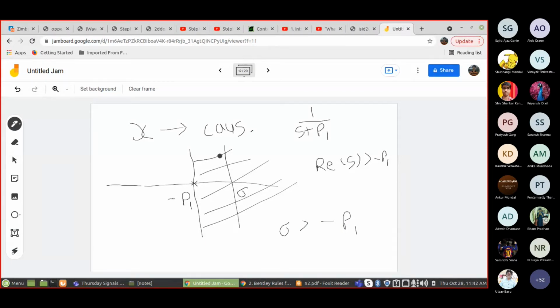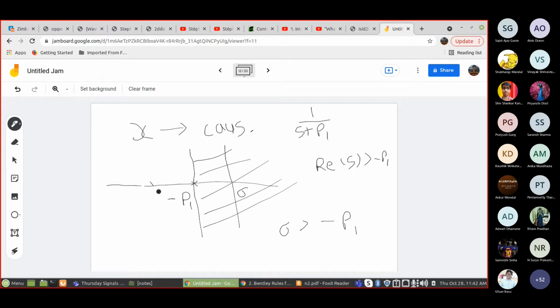Just take any vertical line and the integral should converge here. You can convince yourself why this should work. So for causal signals, if you take any strip to the right of this pole, you are going to get convergence. That's why it is going to be in ROC.